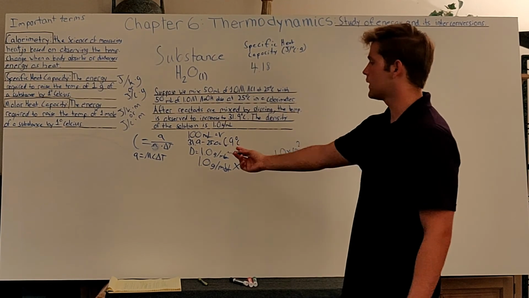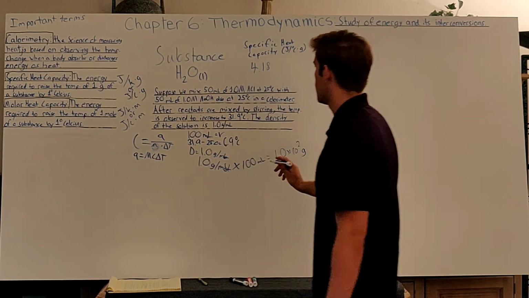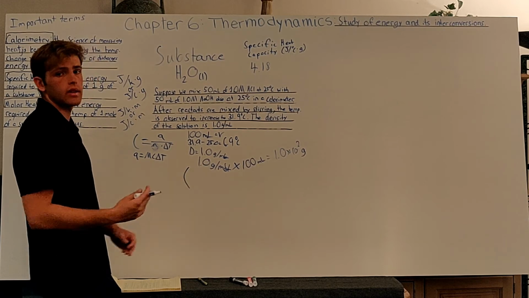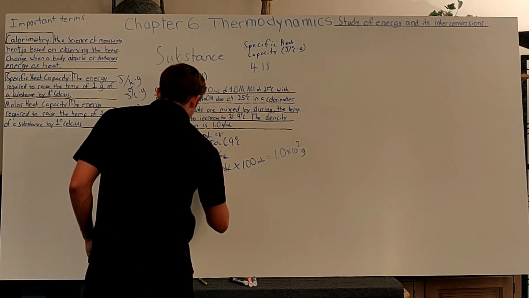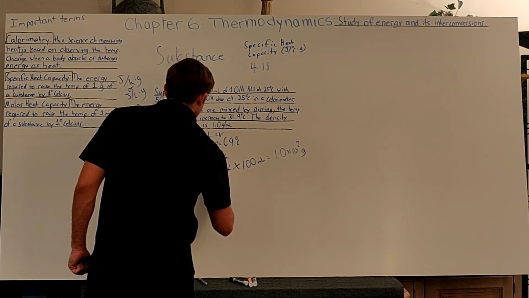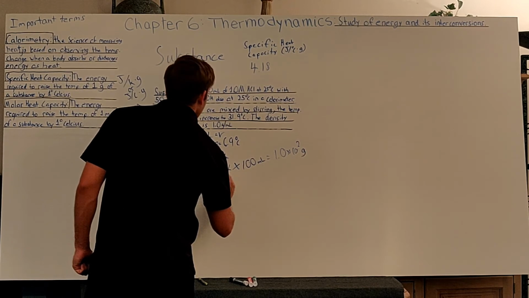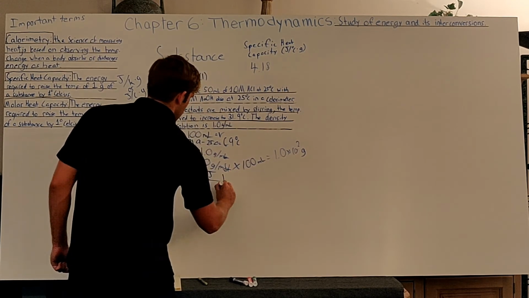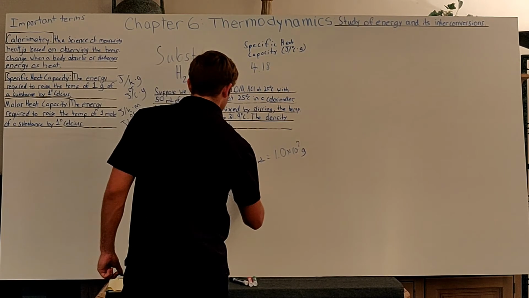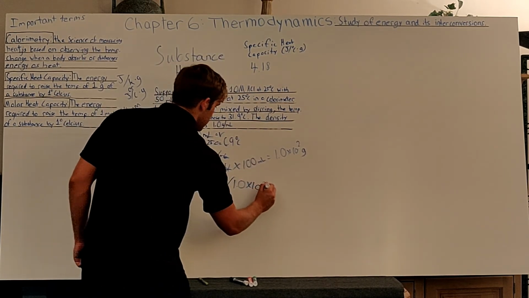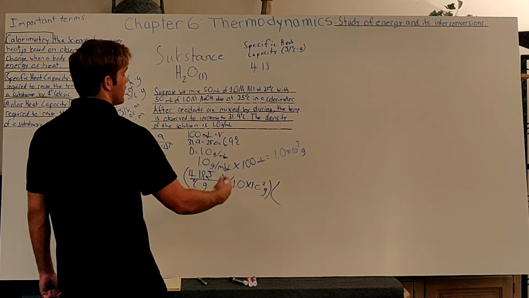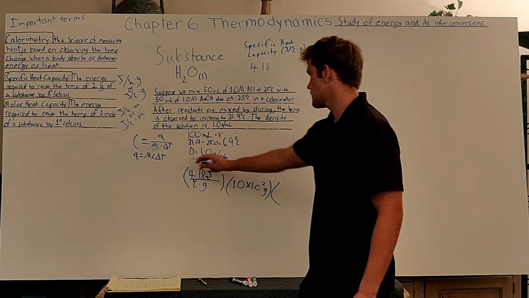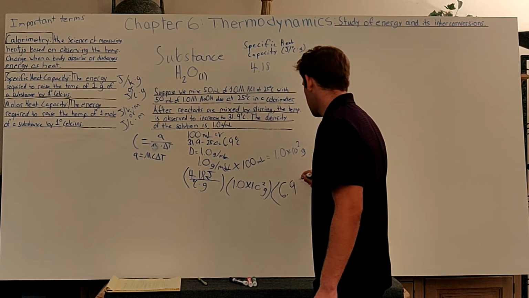So in order to find Q, what does the formula say to do? Multiply it all out. Make sure you write all the units, because if your units are messed up, there's probably something wrong with your calculations. So you have 4.18 joules per degrees Celsius per gram, times your 1.0 times 10 to the second grams, and then times your change in temperature, 6.9 degrees Celsius.